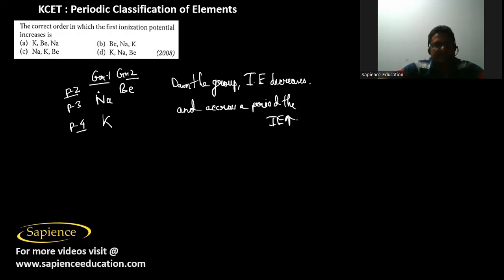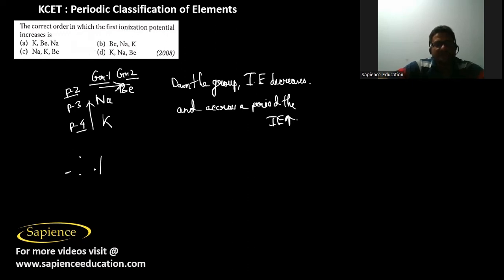So it increases from left to right, and from top to bottom it decreases. So if we go upwards, the ionization energy will increase.